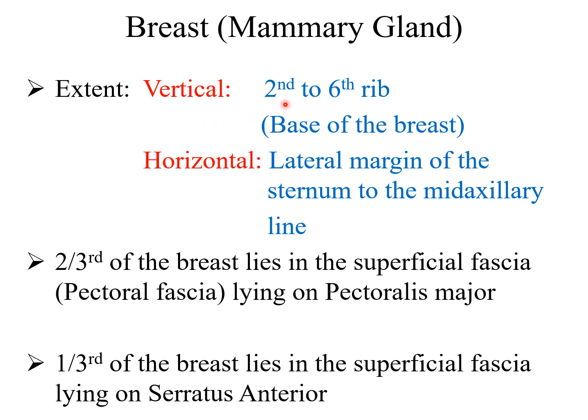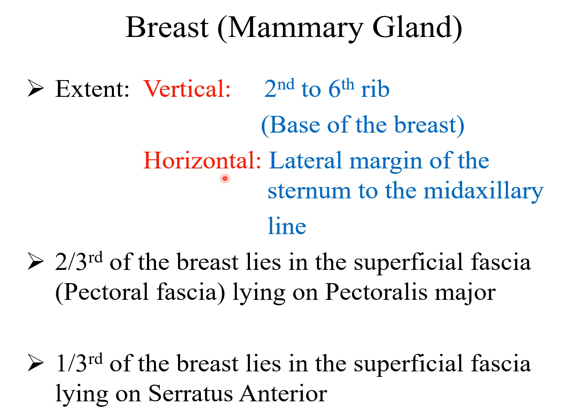Starting, the upper limit is second rib and lower extent is sixth rib, and that we name as base of the breast. And horizontally, from the lateral margin of the sternum to the mid axillary line. What is mid axillary line? If we draw a line from the middle of the armpit, that is known as mid axillary line. So in the diagram I will also show you.